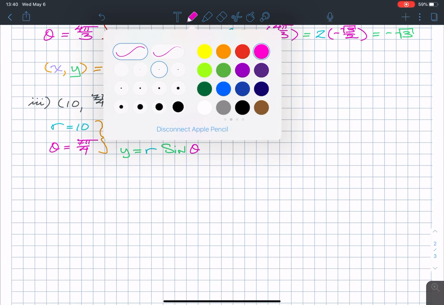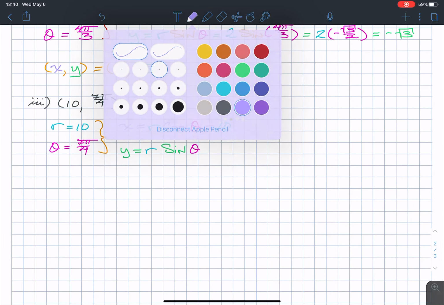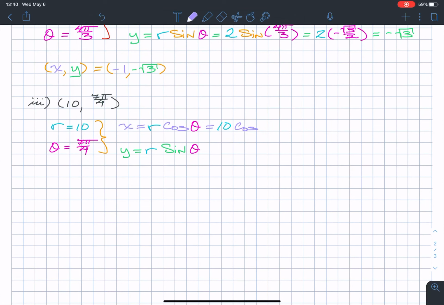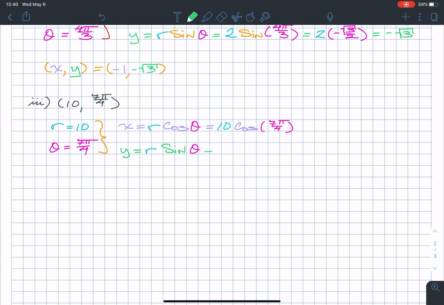Okay, so what do we get? We get the radius is 10 times cosine of the angle, which is 7 pi over 4. So that reference angle is 45 degrees, but I'm in quadrant 4, so I know cosine will be positive and sine will be negative. And they're both root 2 over 2 because it's a 45 degree reference angle.